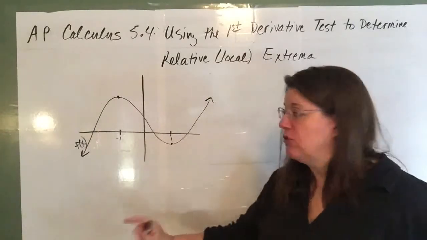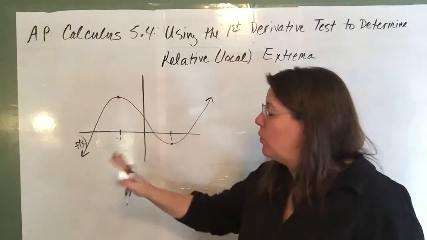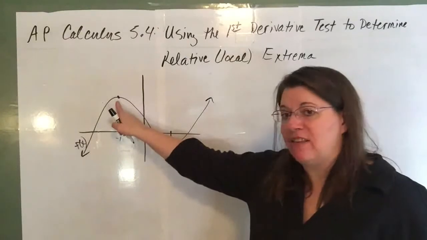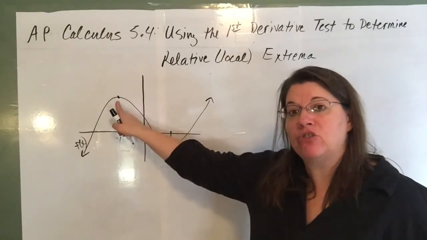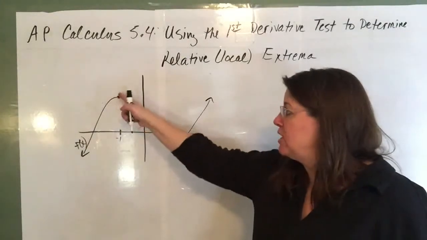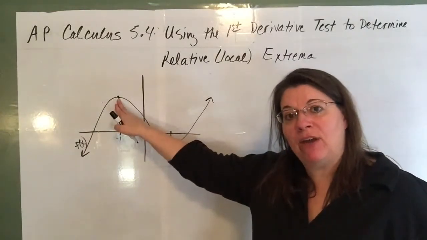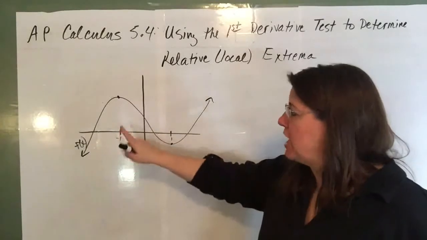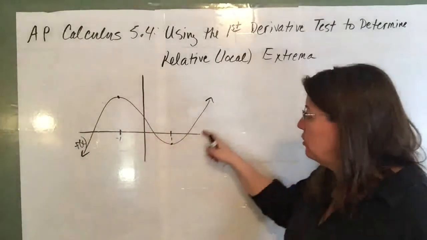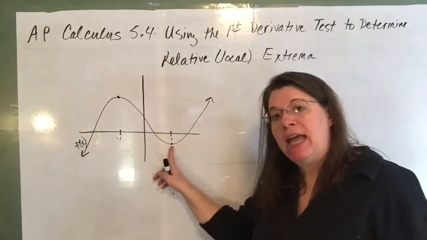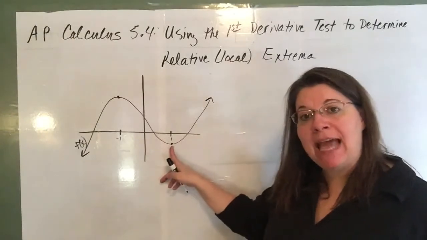Here is how to justify this based on the derivative. If the function changes from increasing to decreasing, then we have a relative maximum at that x value. If the function changes from decreasing to increasing, then we have a relative minimum at that x value.